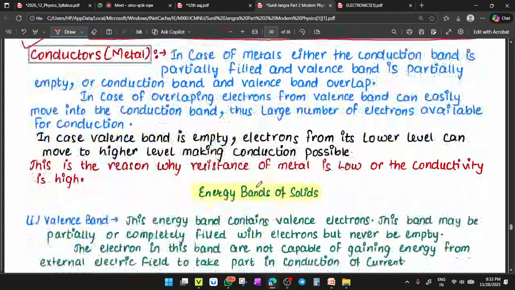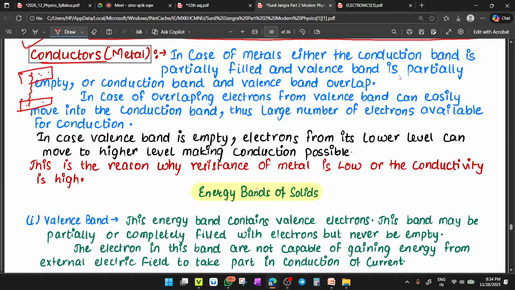So let us read the theory. Conductors are called metals. In case of metals, either the conduction band is partially filled and the valence band is partially empty. Why? Because some of the electrons transited from the valence band to the conduction band. So some electrons are still in the valence band and some are in the conduction band.